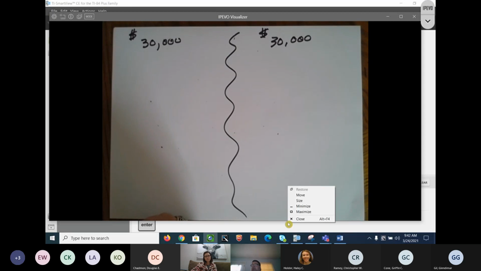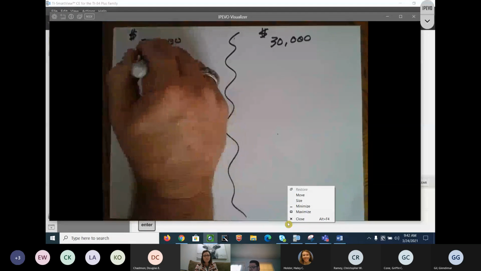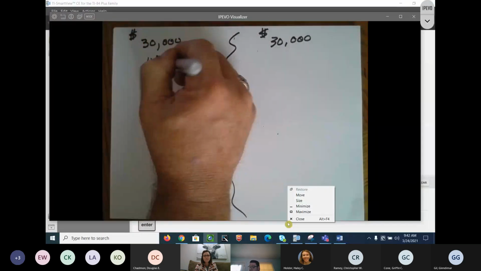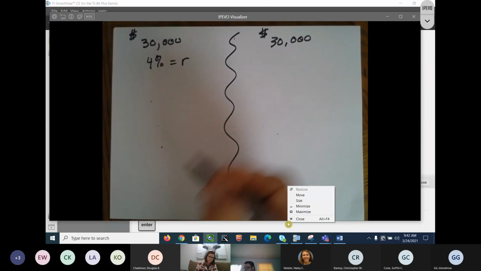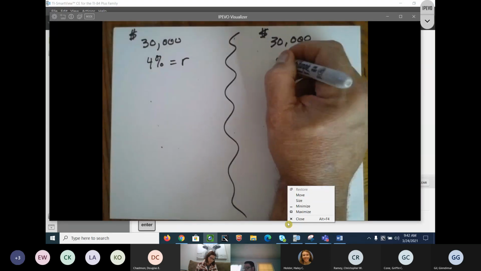Anybody want to volunteer that information? I got mine at 1.9. That means you got pretty good credit. I'm not going to go with 1.9 because that's good credit. I'm going to go with about 4%. So 4% equals R, over here and over here. I just wanted to make sure I wasn't crazy saying a certain number. That's why I asked y'all.